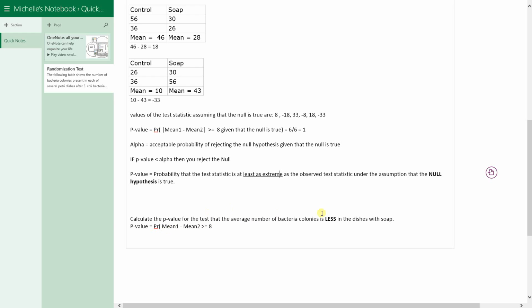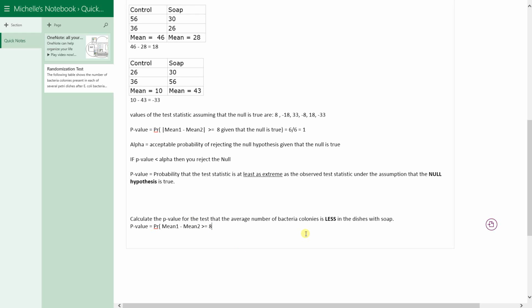So the alternative hypothesis here is that the mean in the second group, the soap group, is less than the mean in the control group, so that difference will be greater than our observed test statistic.